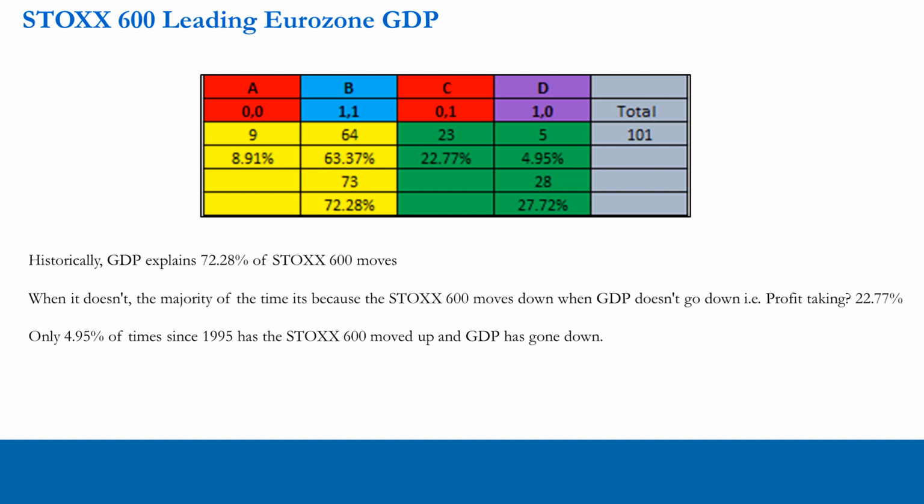So we have roughly 72% of times the Stoxx 600 and Eurozone GDP moving in the same direction, and roughly 28% of times moving in the opposite direction. However, we know that the vast majority of times, when they don't move together, we get the 0, 1 situation.